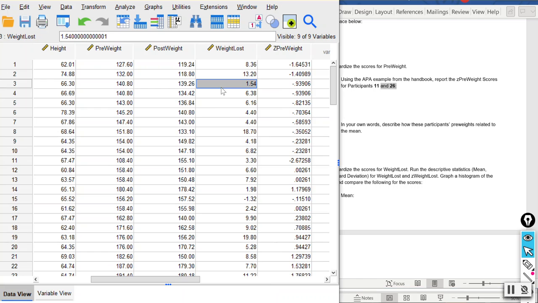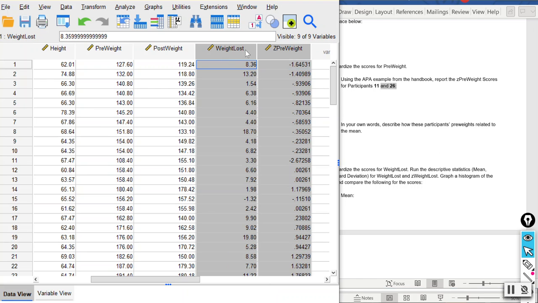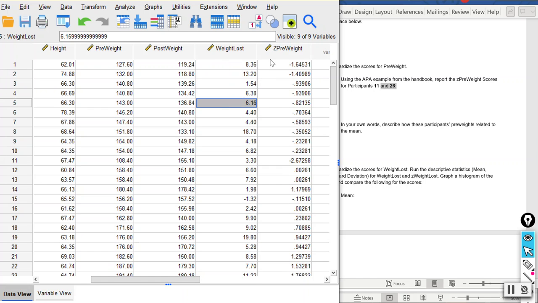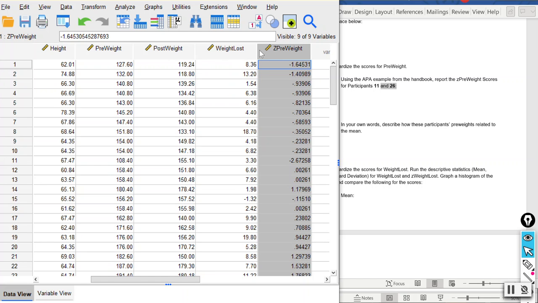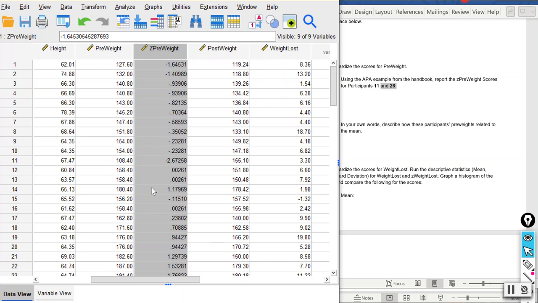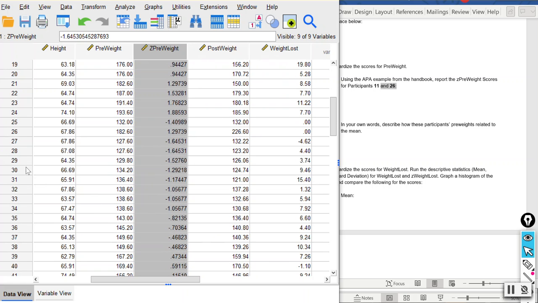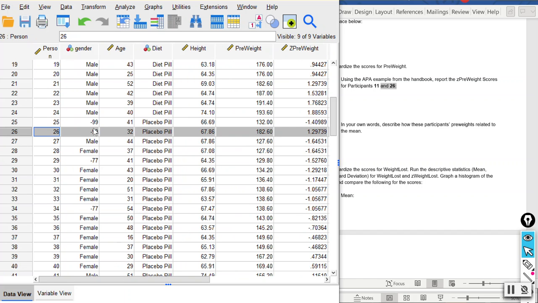So looking at this data set again, if we were to move this over, all I'm doing is highlighting the entire section and then just dragging it over to this section. Move down to participant number 26.